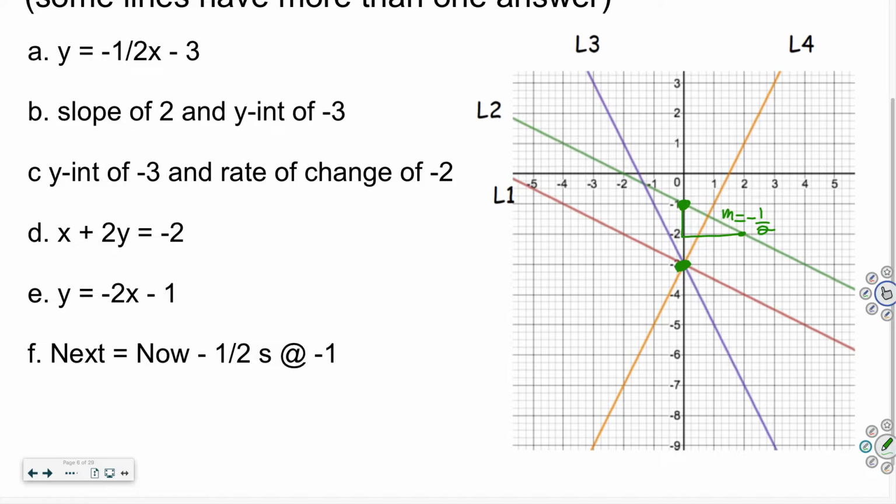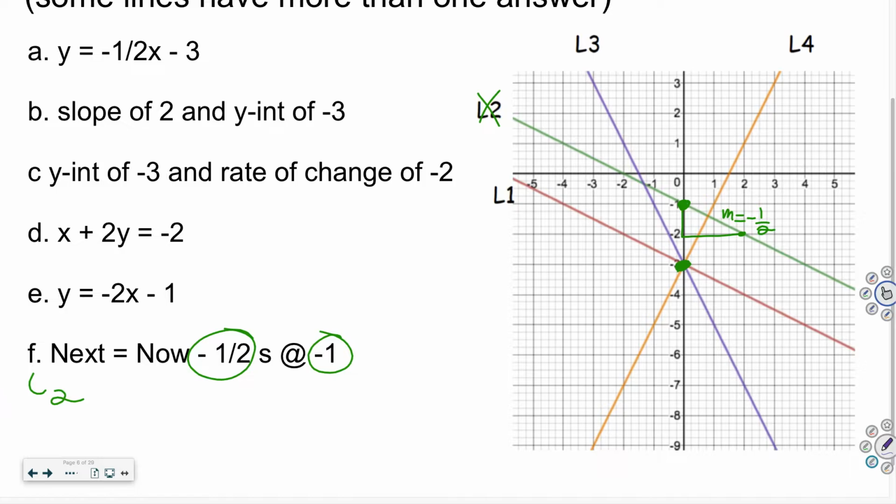So boom, here we go. Slope of -1/2, y-intercept of -1. I would say this is L2. So we got that one done. Everyone else has to have a y-intercept of -3.